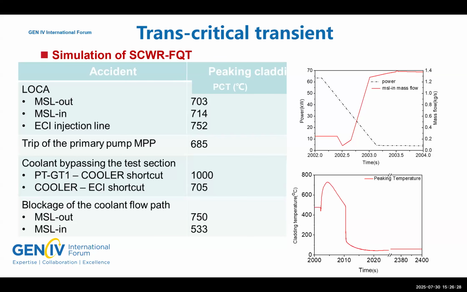Both of them, of course, are under the design criteria of the SCWR. But what I'm talking about is that in that case we can perform such transcritical analysis or the safety analysis for the SCWR or such kind of test loop cooled with supercritical water.